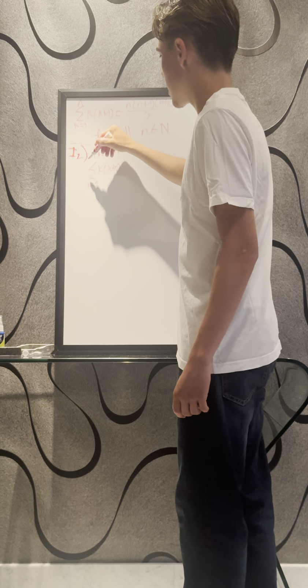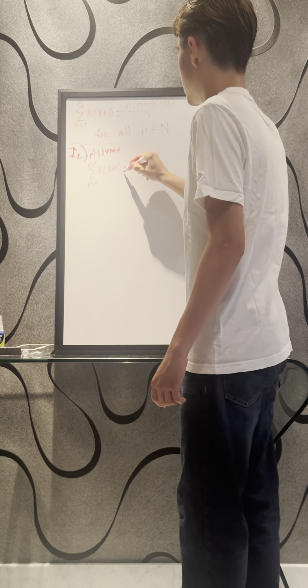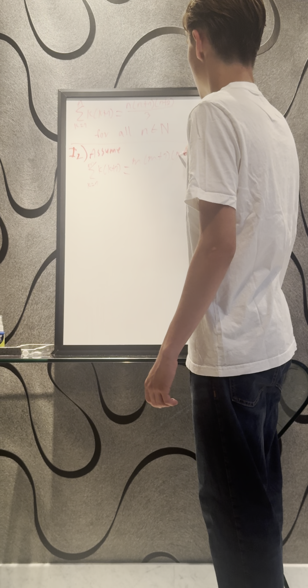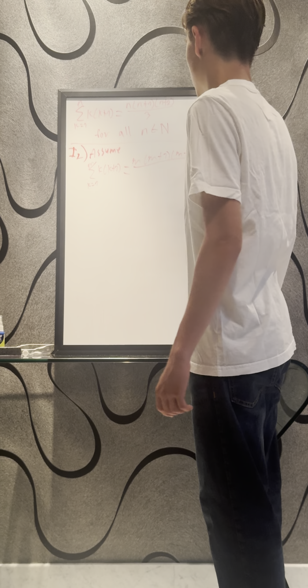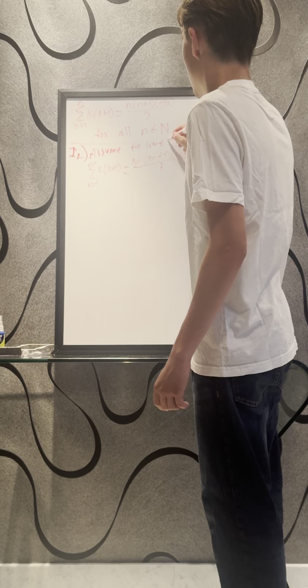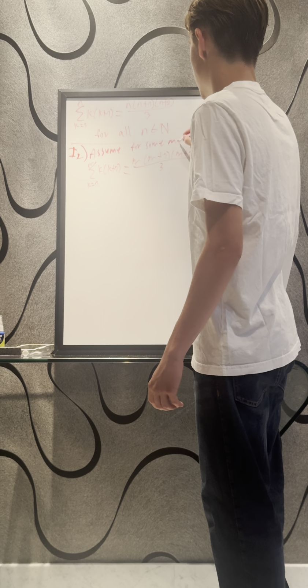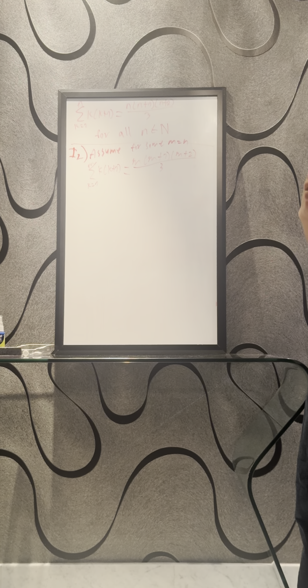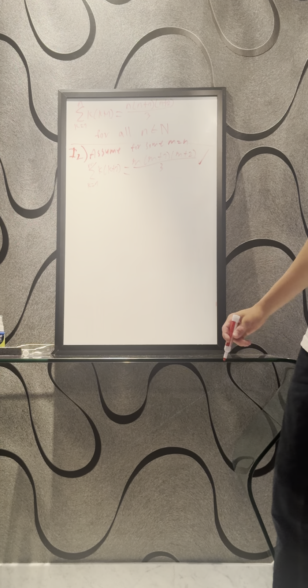We're going to change the n to m: the sum from k equals 1 to m of k times k plus 1 is equal to m times m plus 1 times m plus 2 over 3, for some natural number m. And that's it. That's our second step. So we're done with that.